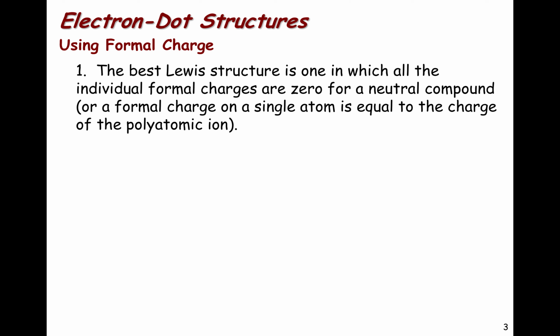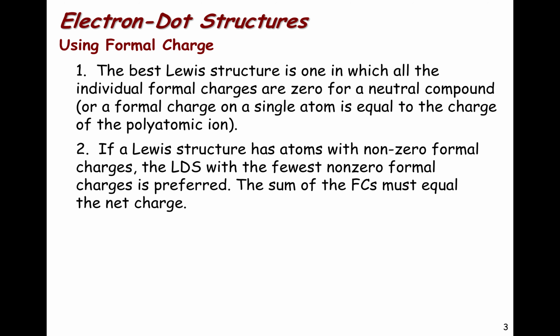This is also true for some polyatomic ions where the formal charges of atoms may all be 0 except for 1 or possibly 2. The overall charge of the polyatomic ion has to be the same as the sum of the formal charges for any individual atoms.